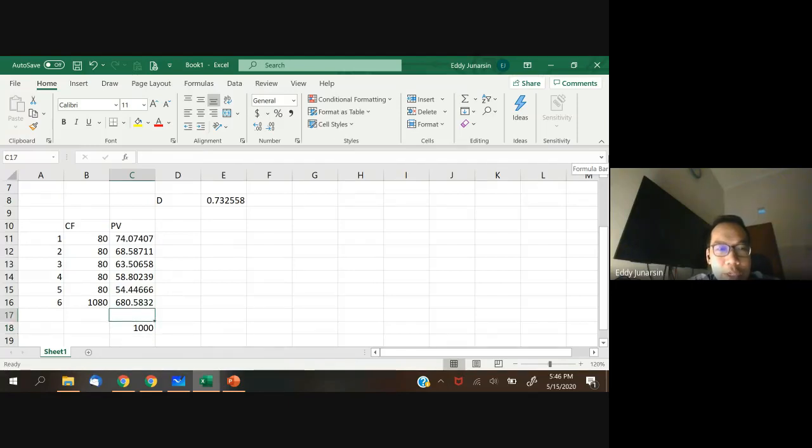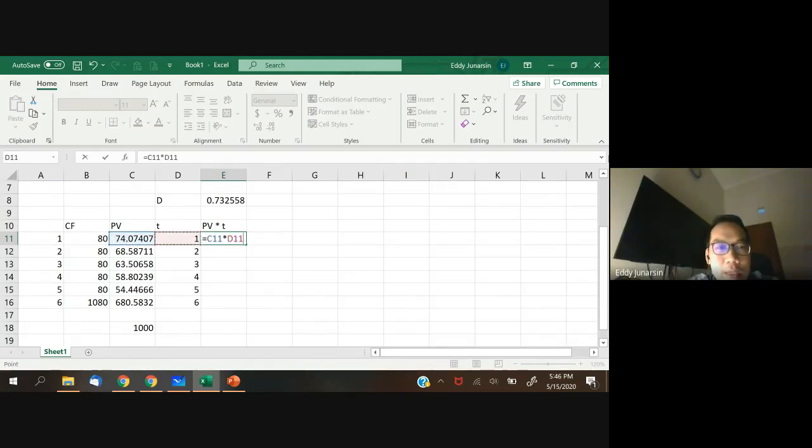And then to get the numerator, we have to multiply each present value by the real time. So this one is easy, right? Because the periods are exactly the same as the time. So year 1, year 2, year 3, year 4, 5, 6. And then we find the multiplication, right? Present value multiplied by its respective time.